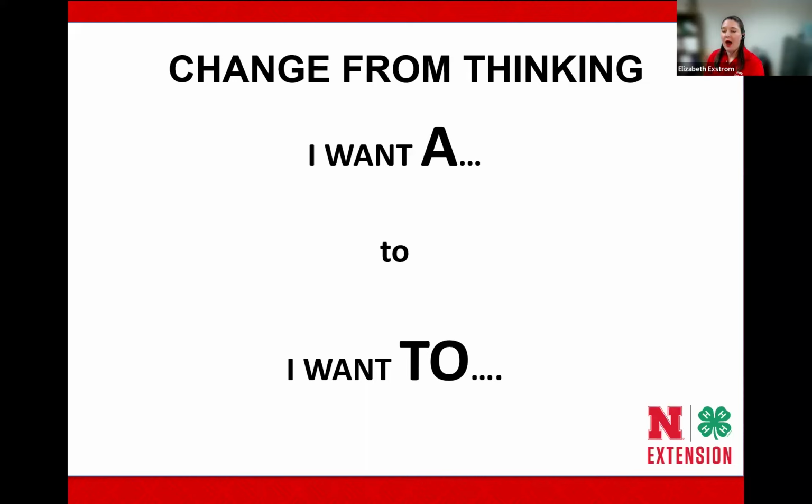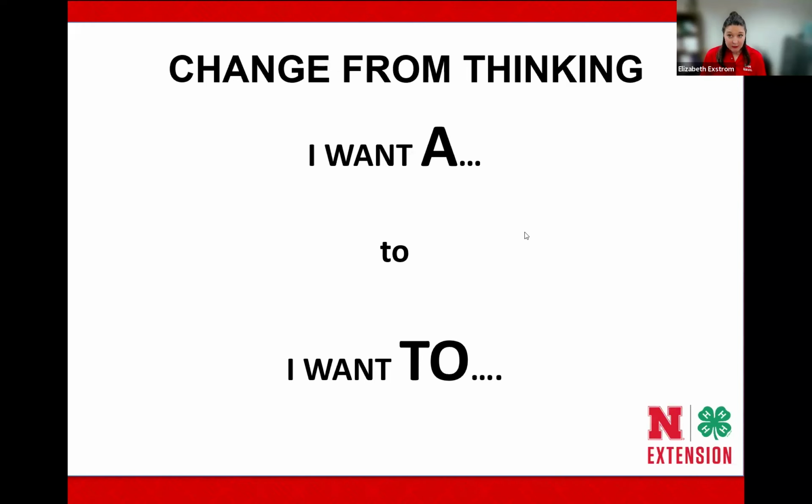It's fine. So we need to make sure that we change our way of thinking from I want A to I want to. I want A is very specific. We're not talking about the function. When we talk about I want to, then we're talking about the function of that plant in the landscape.